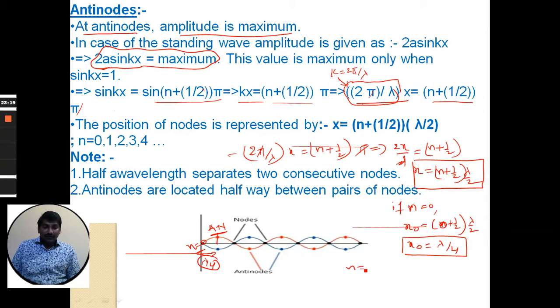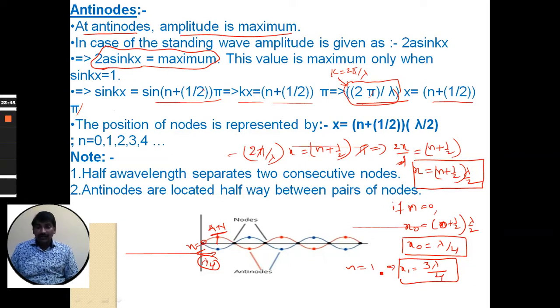If n equal to 1, then how much does it become? x1 equal to 1 plus 1/2, which is 3 lambda by 4. This is for the second antinode from the 0 position.